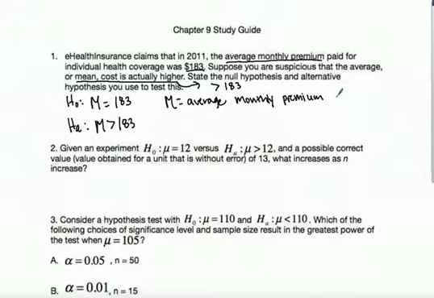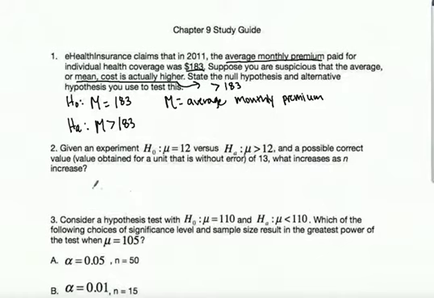Number 2 says, given an experiment where the null hypothesis shows that mu is equal to 12 versus the alternative hypothesis where mu is greater than 12, and a possible correct value, the value obtained for a unit that is without error, of 13, what increases as n increases?